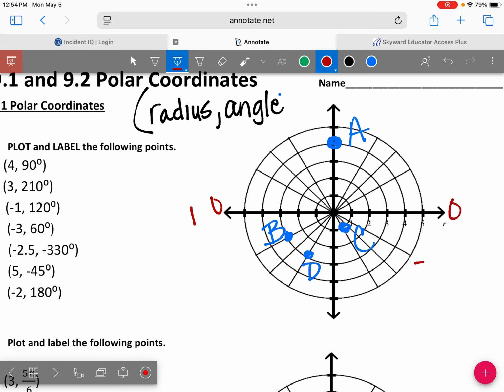This is negative 30. This is negative 60. This is negative 90, etc. So negative 330 would be right here. Okay. So negative 330, this is negative 330, but because it's a negative radius, I'm also going to count back 1, 2.5. So that point is right in front of B.